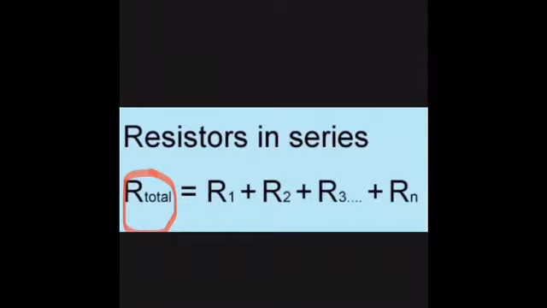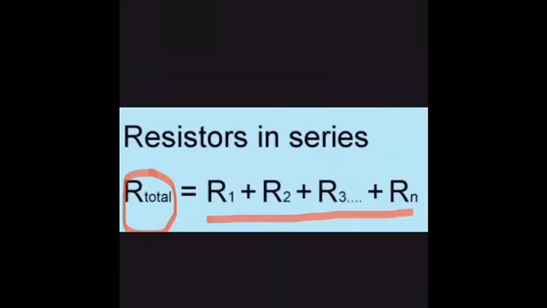So you can add as many resistances as there are in the circuit in a linear way. If you add them, you will get the total resistance, or you can say the equivalent resistance. So this is a process to find out the equivalent resistance in a series arrangement.